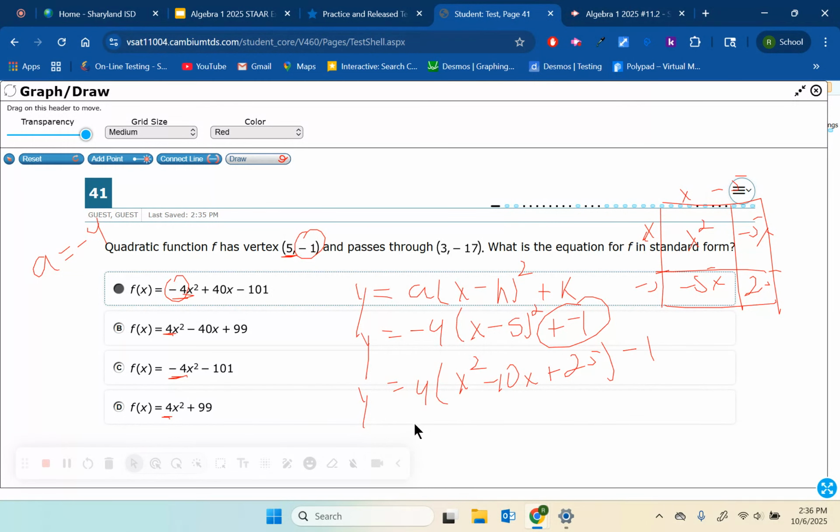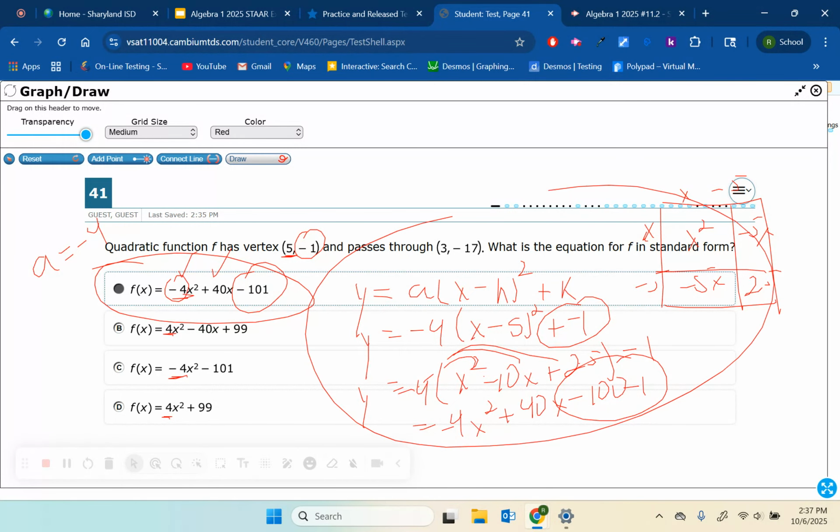Using the distributive property, this equals negative 4x squared plus 40x, and negative 4 times 25 is negative 100, minus 1, and that gives you negative 101. My answer is that.